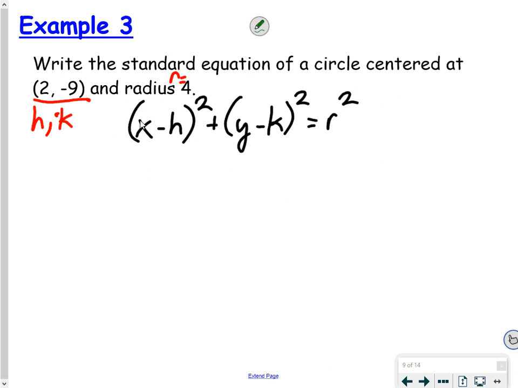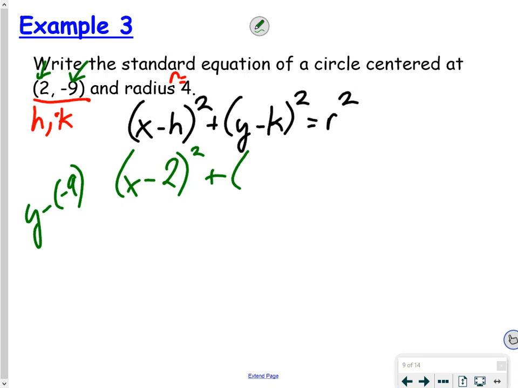If we plug this in, we have x minus 2 squared plus y minus negative 9. I don't want to write y minus negative 9, so I'm going to write y plus 9, since minus negative is the same thing as adding.